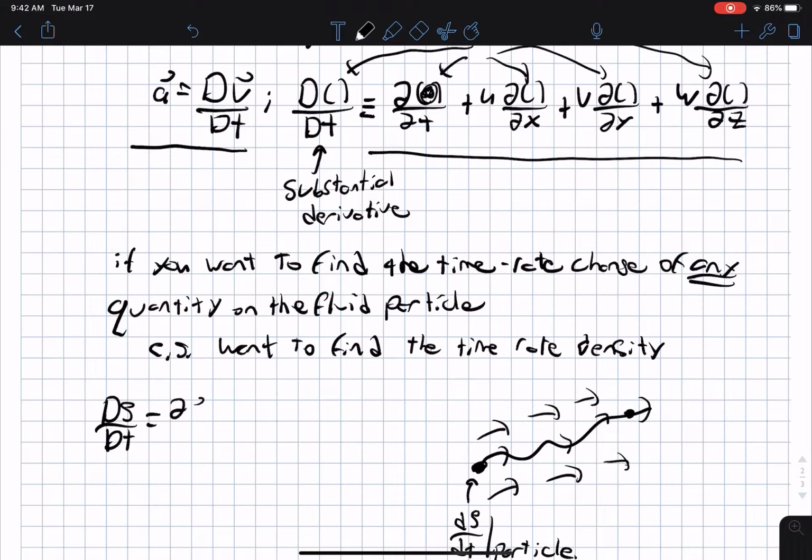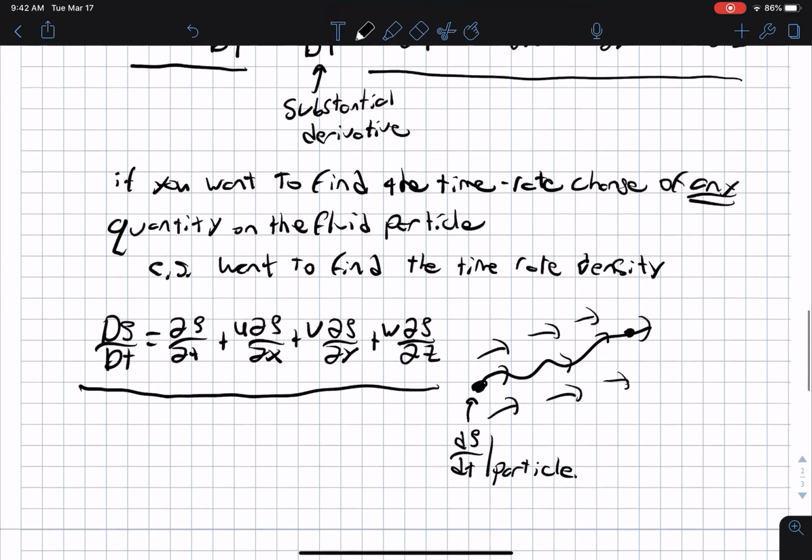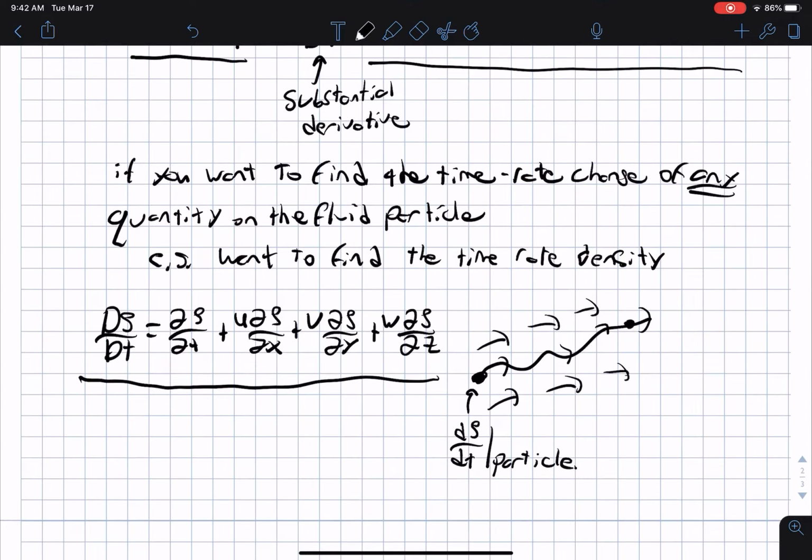So this equals partial rho, partial t, plus the x component of the velocity vector, partial rho, partial x, plus the y component of the velocity field, partial rho, partial y, plus the z component of the velocity field, partial rho, partial z. Okay, so if you know the density as a function of position and the fluid velocity, you can also find the total time rate change of the density field.